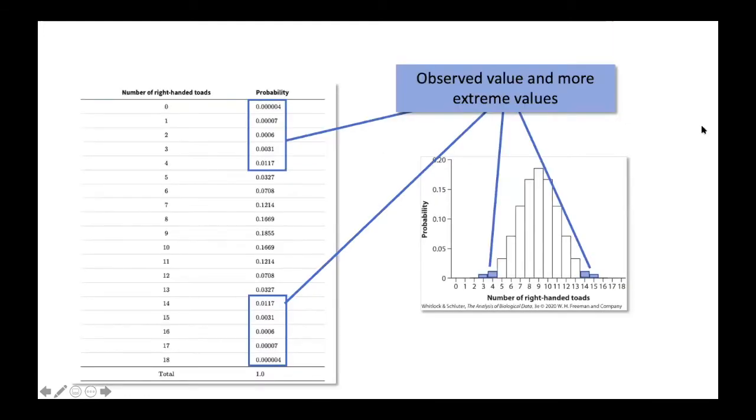And we can use this estimate of the proportion of right-handed toads from our statistical sample to try and draw some conclusions about whether the frequency of right-handedness in the population differs from our null hypothesis, which was 50-50.